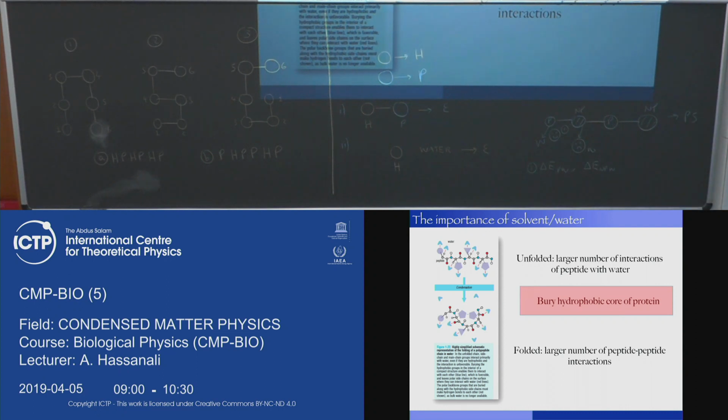This is something that needs to come into my model. If I want to think of some effective model, this has to be there, or at least we should think about it.